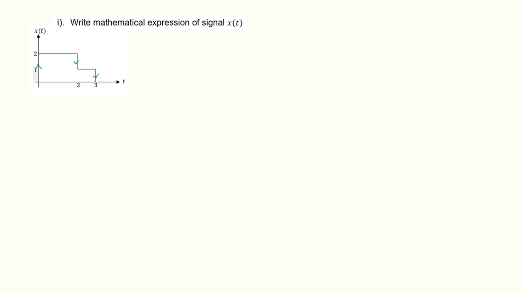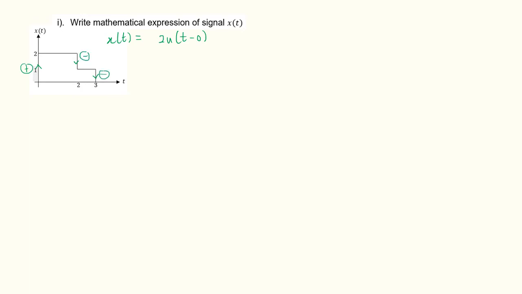At t equal to 0, you have one vertical line, so the magnitude is 2 ut minus 0, and this is pointing up, so it's plus, while the other two are negative.